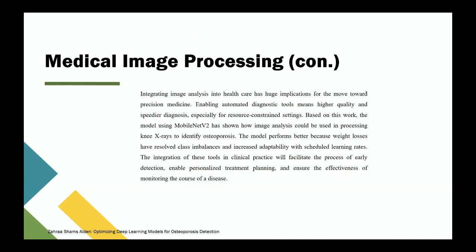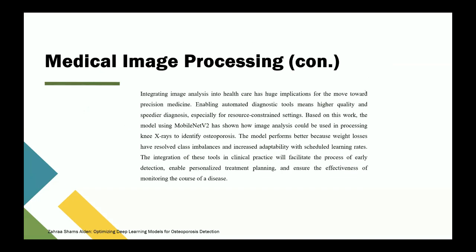Integrating image analysis into healthcare can have a huge implication to move from manual prediction of diseases to automatic prediction, enabling automated diagnosis tools that mean higher quality and speed for diagnosis, especially for resource constrained settings.